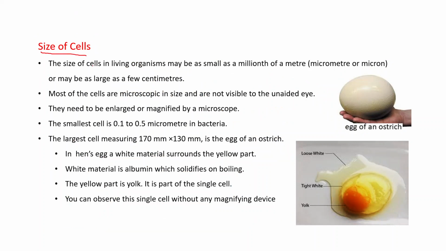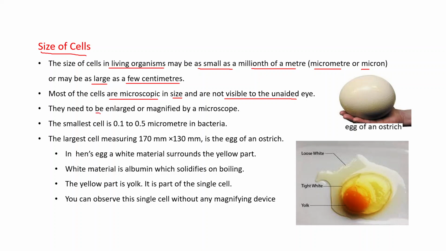Size of cells. The size of cells in living organisms may be as small as a millionth of a meter, that is a micrometer or micron, or may be as large as a few centimeters. Most of the cells are microscopic in size and are not visible to the unaided eye.